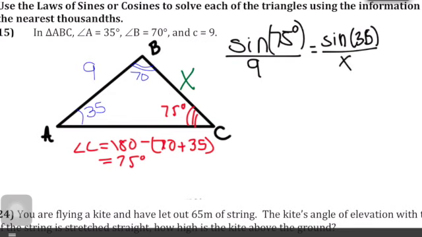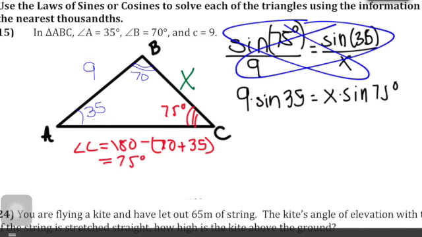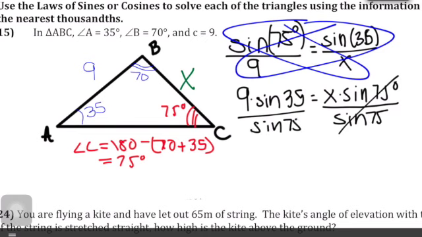Now we're going to just cross multiply, and we're going to get 9 times the sine of 35 is equal to x times the sine of 75. Divide by the sine of 75 degrees on each side. And now we're good to go.